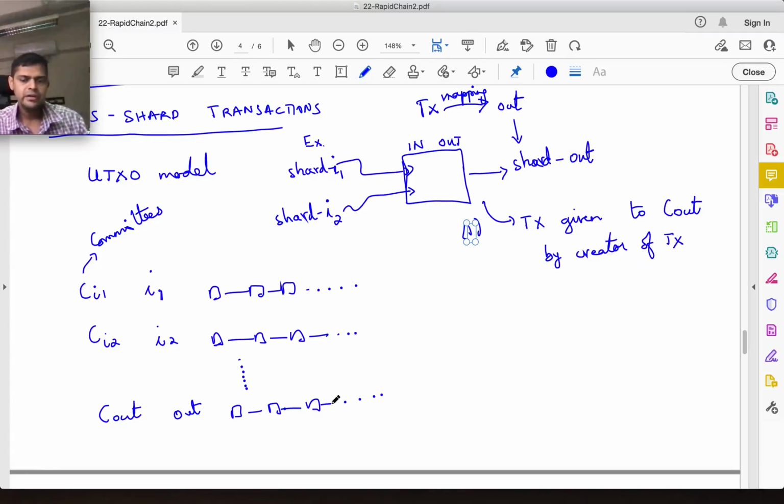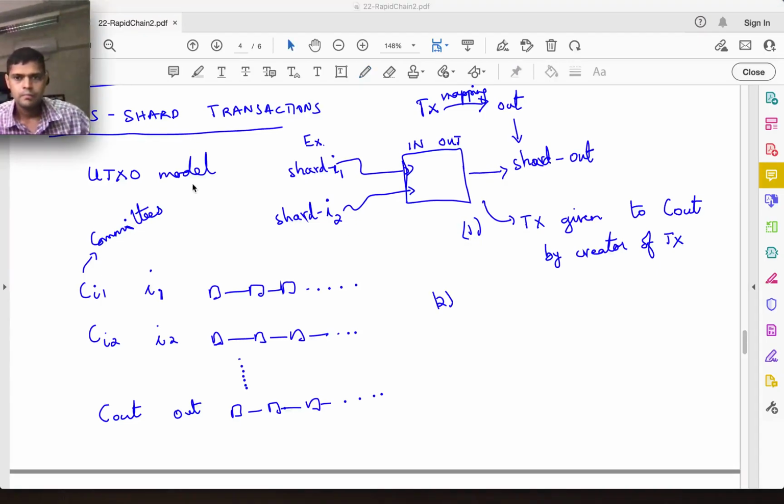So this shard cannot directly put the transaction in, because it has to inform these two shards that these are no longer UTXOs, right? That the money has been spent. Okay, so first this transaction is given by the creator of this transaction to C out. Now C out creates three transactions.